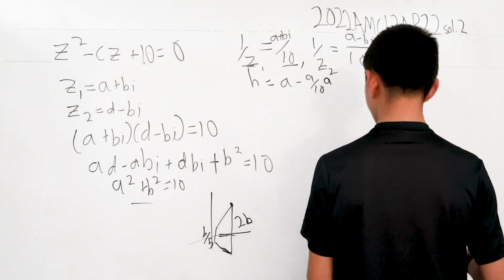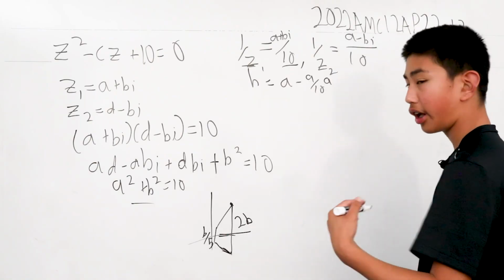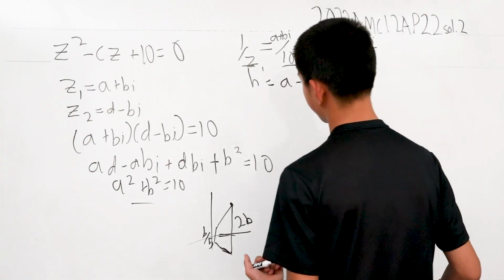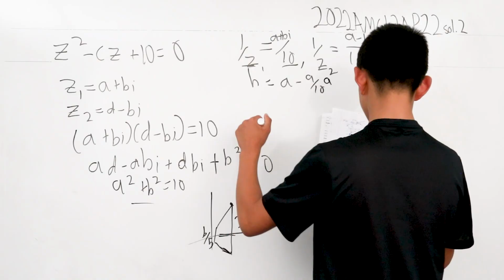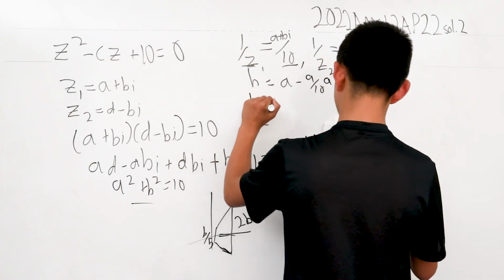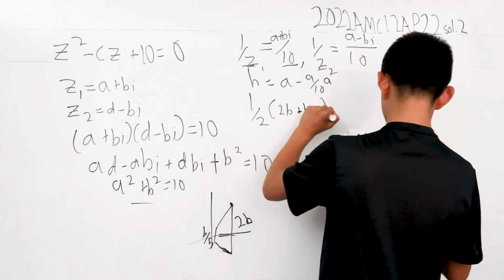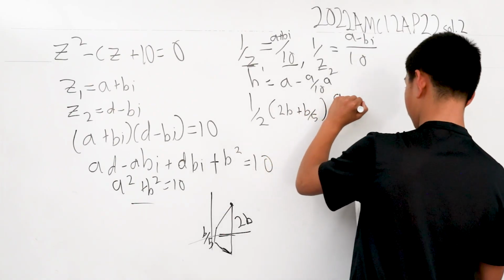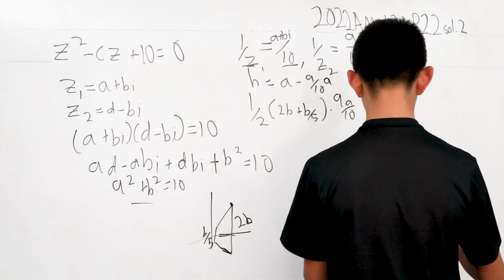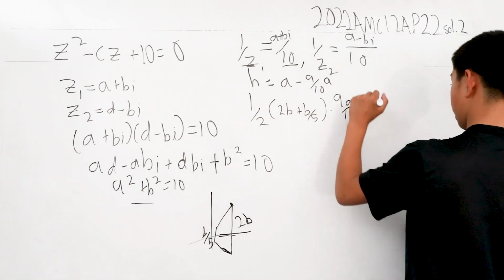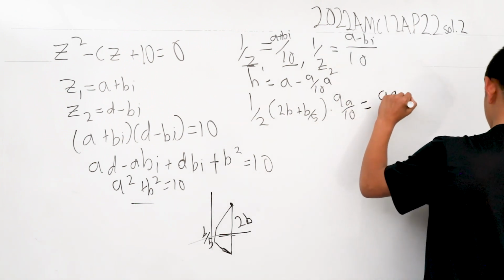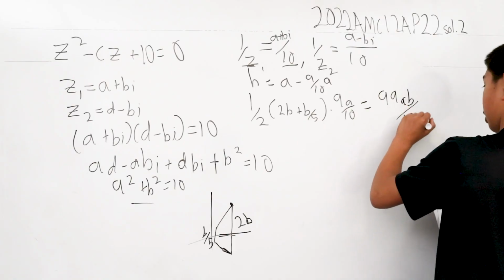Now we can find an area formula for this trapezoid. The area is going to be 1/2 times 2b plus b over 5 times 9a over 10. The area formula gets us 99ab over 100.